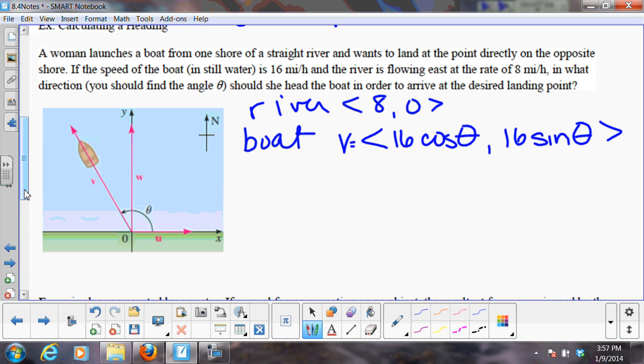Remember our unit circle, it's always cosine, sine. Same thing with these points. So if we add them together, the boat plus the river, because the river is going to affect the boat. Boat plus river: 8 plus 16 cosine theta, and then 0 plus 16 sine theta is just 16 sine theta.